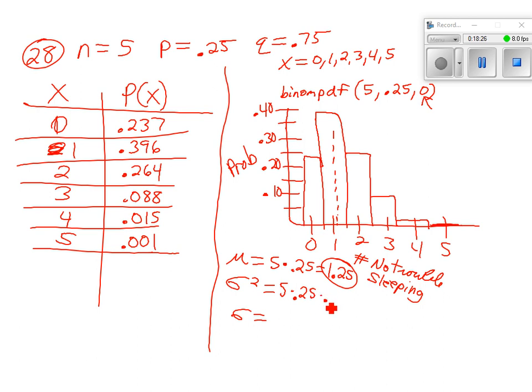What's that give you? Then you take the square root of that. What's that give us?